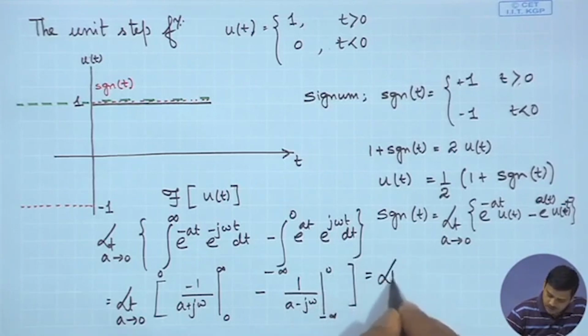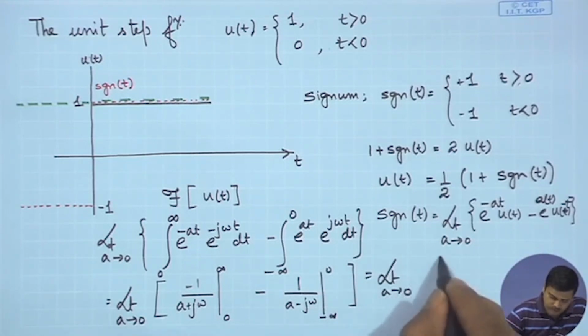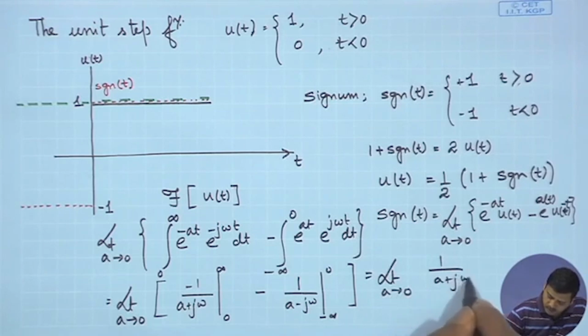This turns out to be limit a tends to 0 of 1 upon a plus j omega minus 1 upon a minus j omega.